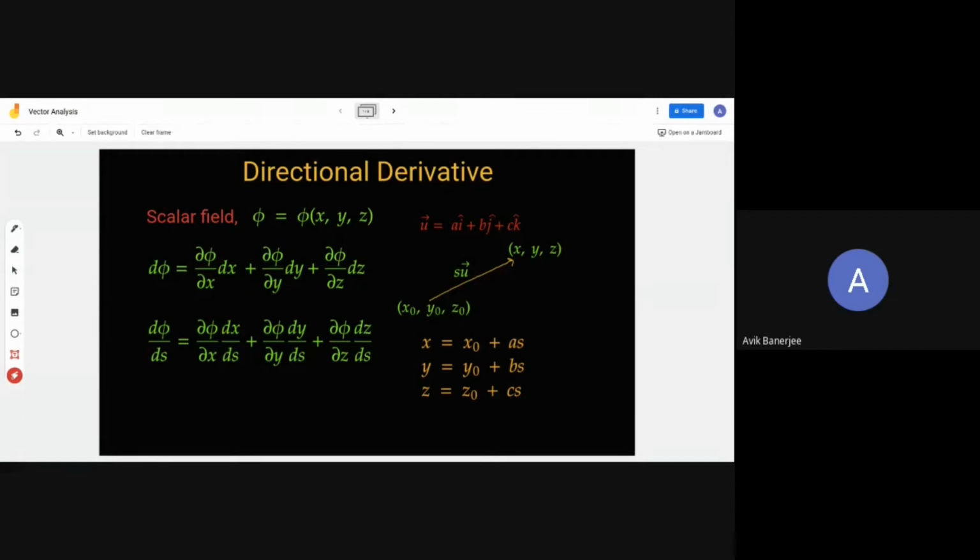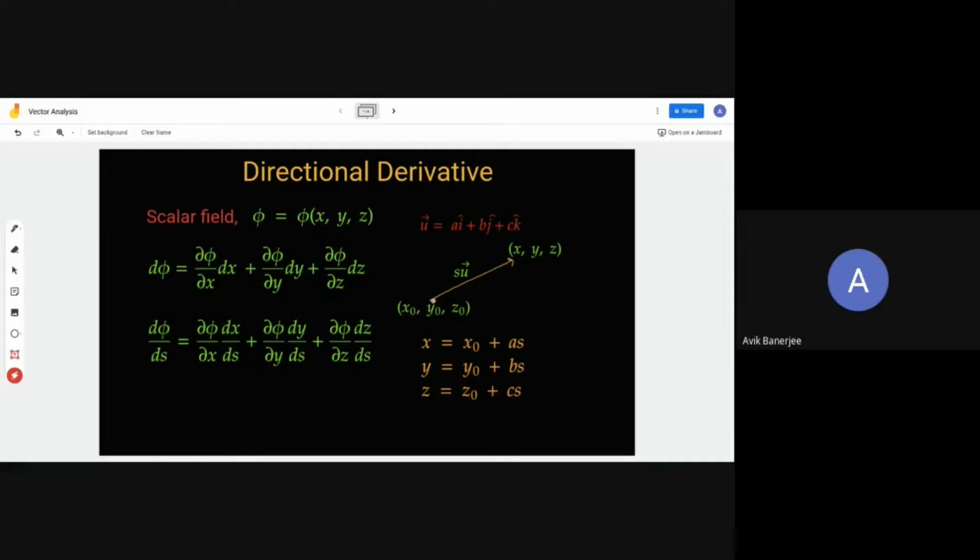Isn't that? Because if we multiply u vector with s, s u vector is basically s into a i cap plus s into b j cap plus s into c k cap, right? A into s, b into s, and c into s. So you're starting from that point. So what is the increment of x naught?